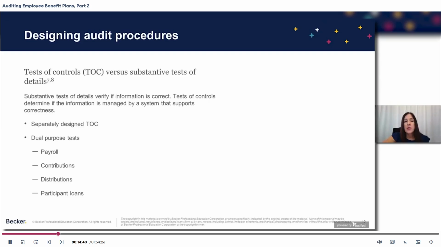Test of controls versus substantive test of details. There's always lots of confusion, and we've had lots of discussion over the years in regards to test of controls versus substantive test of details. Your substantive test of details verify if the information itself is correct, such as if their date of birth and their date of hire in regards to the plan information is correct.